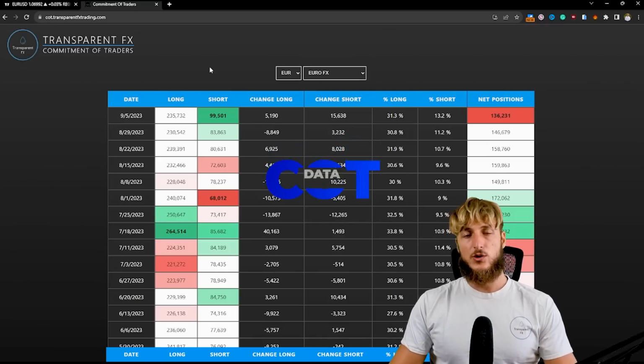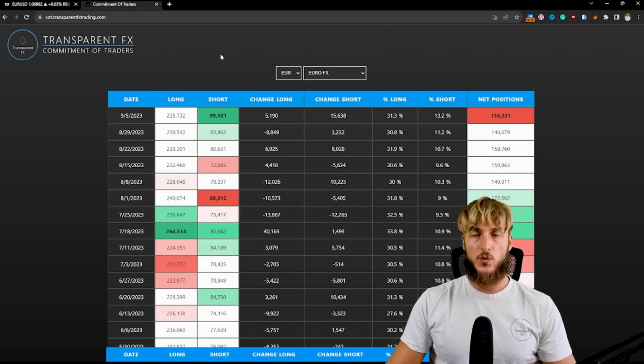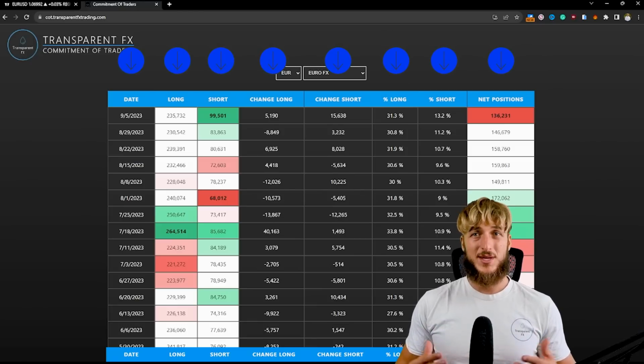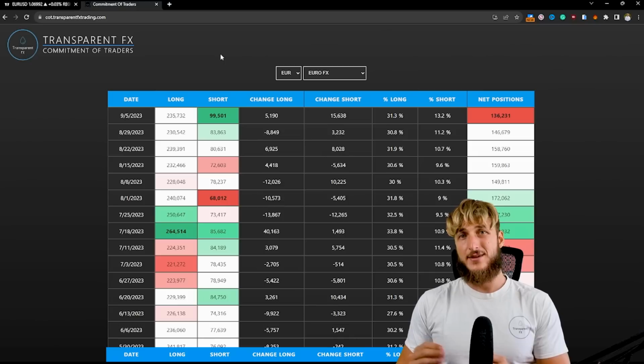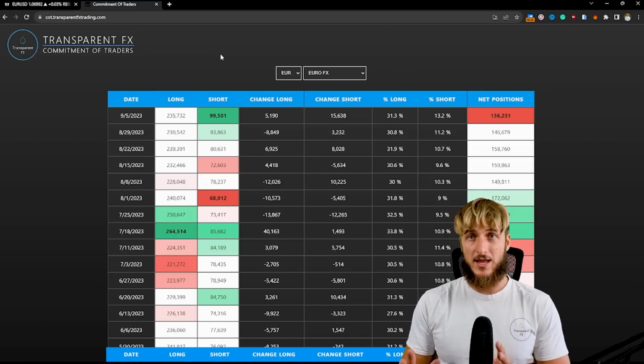Now, what we can do in order to check that is look at the Commitment of Traders, so essentially the COT data, which is what the non-commercials, so the biggest speculators in the market, are doing. This is what hedge funds are doing in the market. So the non-commercials are essentially the players in the market that are in the market just for speculation and profit.